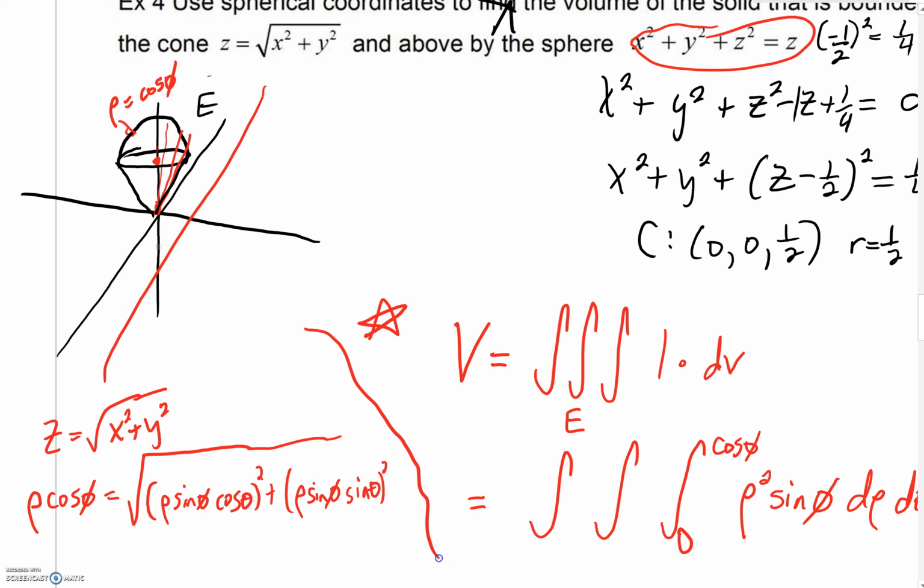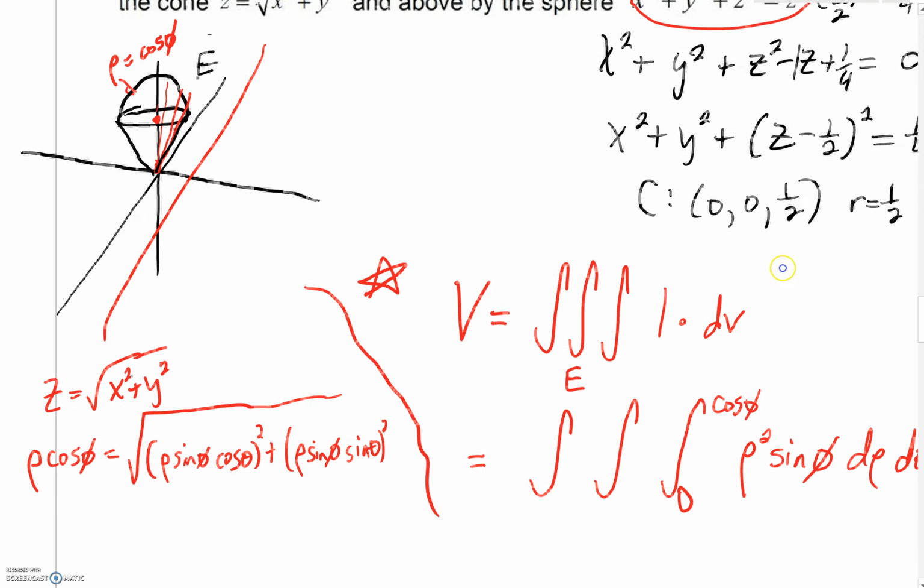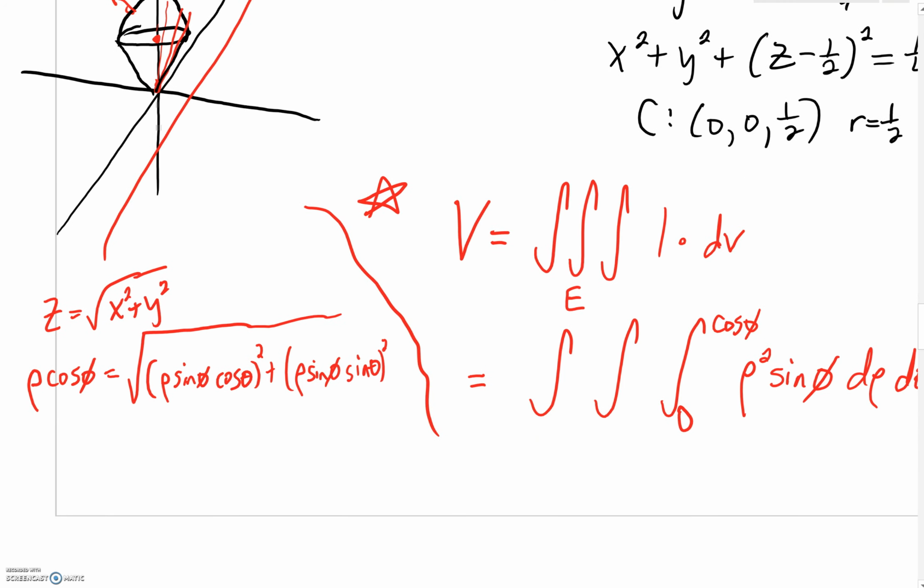So just looking at this other portion of our graph, we might think, well, can we maybe get some help in this regard? Well, look, inside we're going to have rho squared sine of phi squared, cosine of theta squared. Here we're going to have another rho squared sine of phi squared, and here we'll have a sine of theta squared.